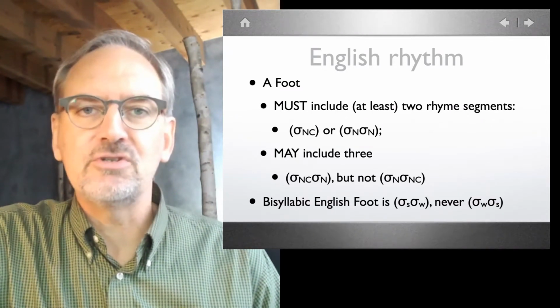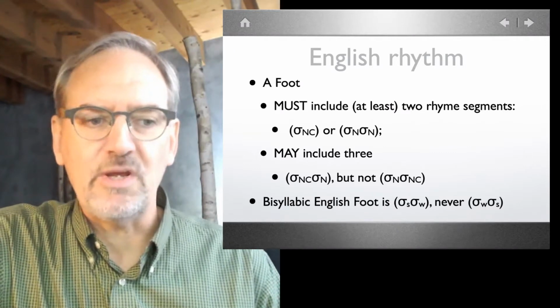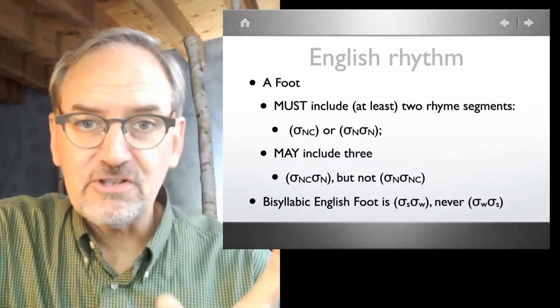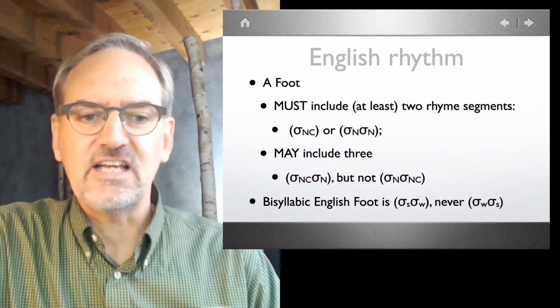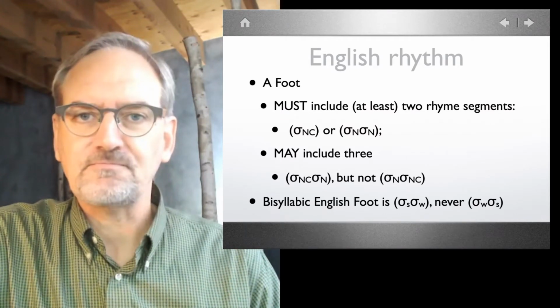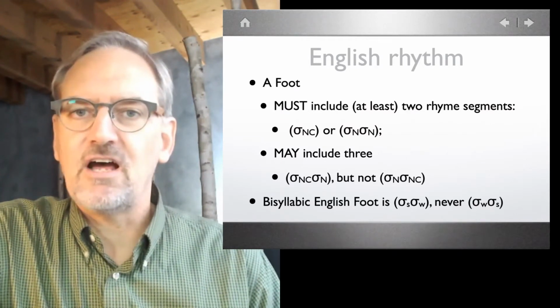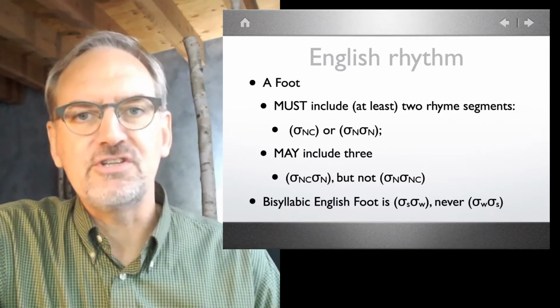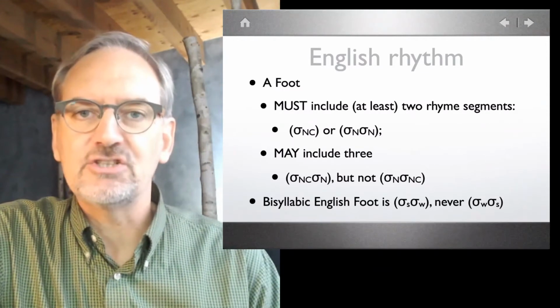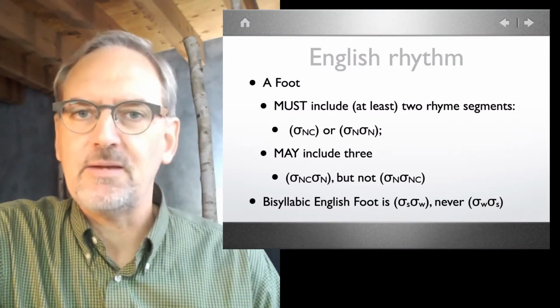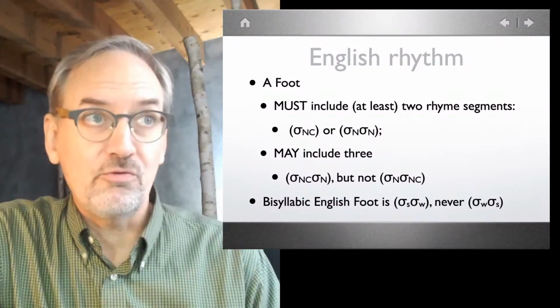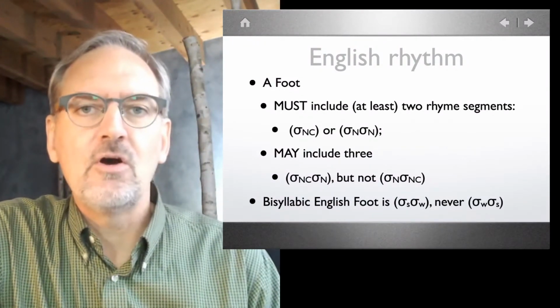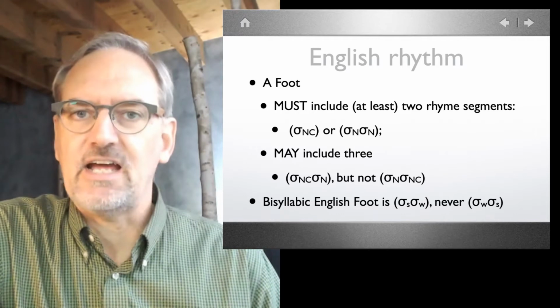Now I want to introduce the terms strong and weak because the foot structure of English is a strong-weak pattern. The rhythms of languages fall into these 2 types, strong-weak foot types, or weak-strong foot types.